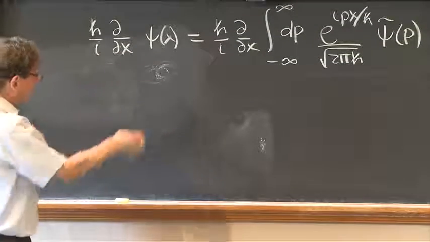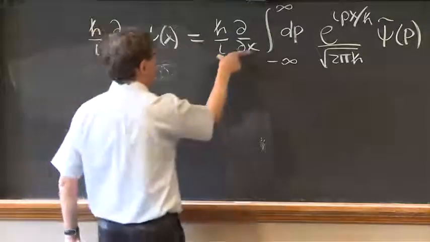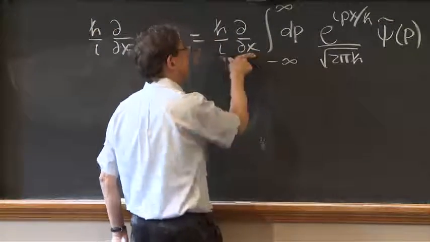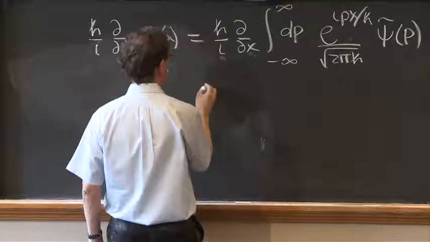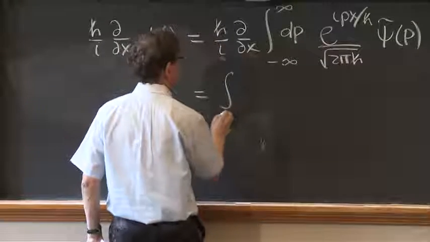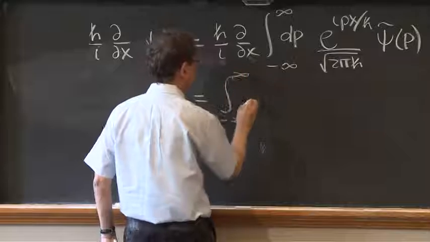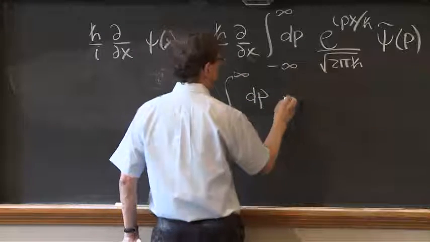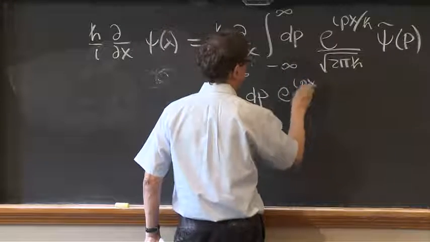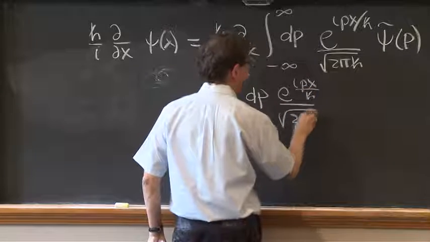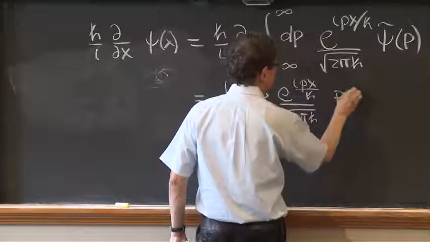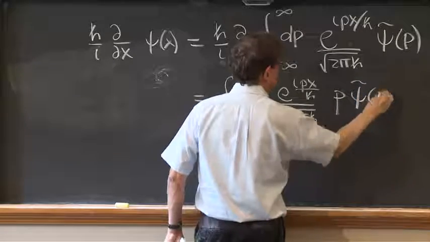Now, when we act on this, as you know, h bar over i d/dx just acts on this and produces the factor of p. So this is equal to the integral from minus infinity to infinity dp e to the ipx over h bar over square root of 2 pi h bar, p times psi tilde of p.